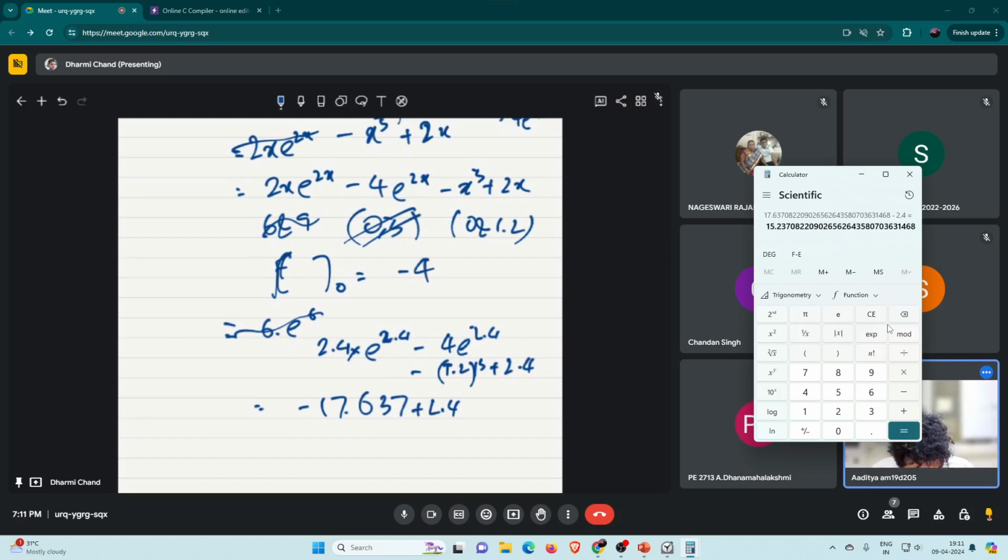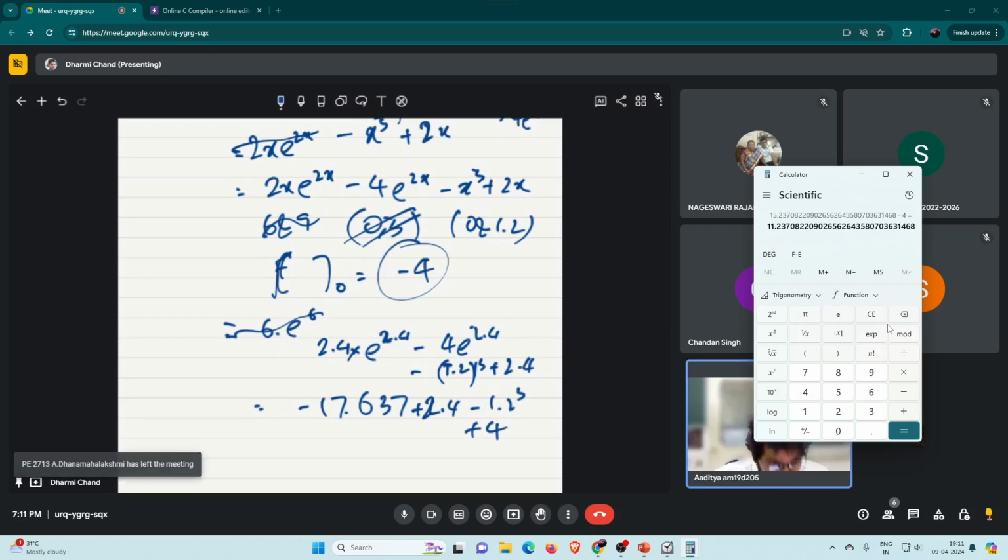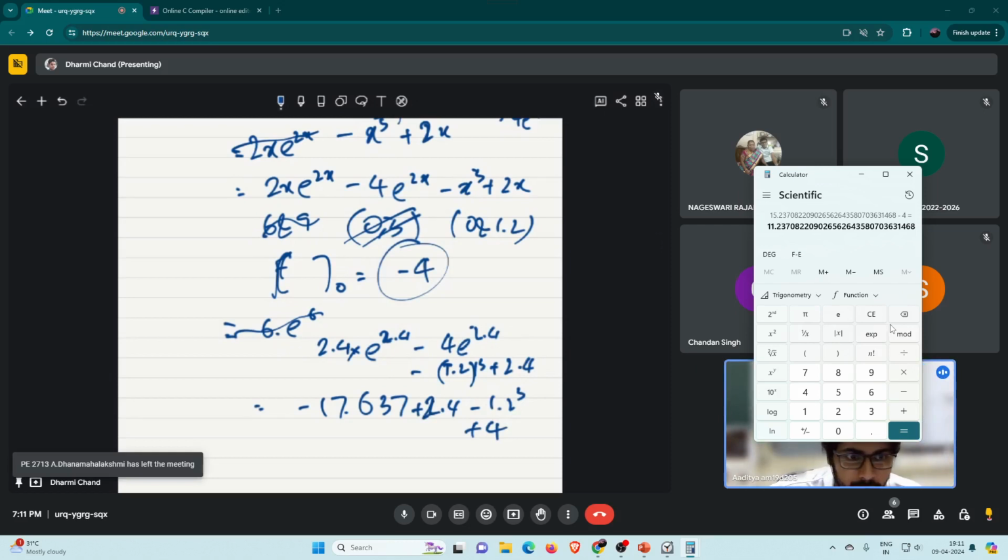So minus 1.2 cube plus 4, right. So this minus 4 will become plus 4 because I am subtracting this. So I also do this, so I have minus 11.237. So minus 11.237 minus 1.2 cube, right.